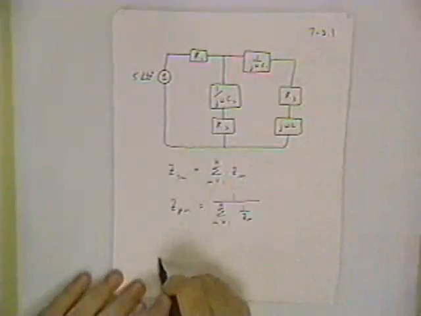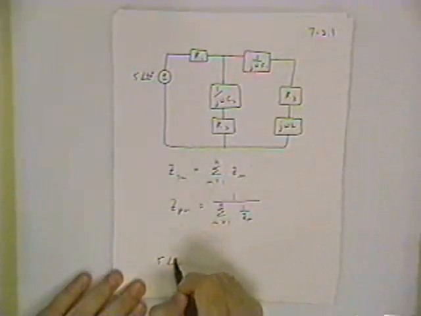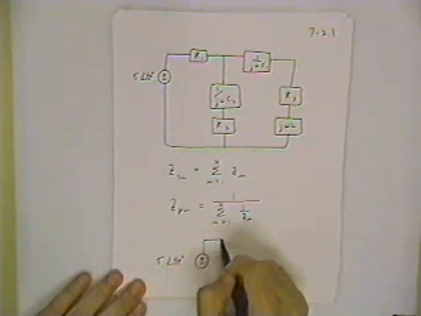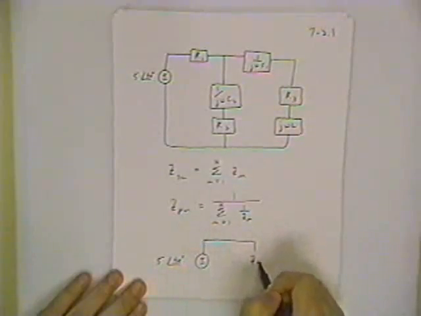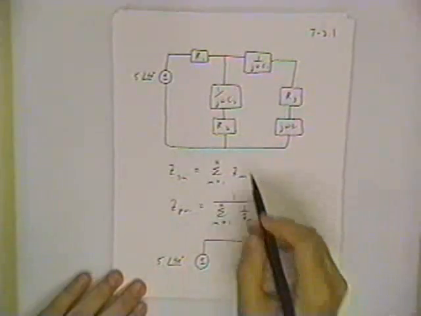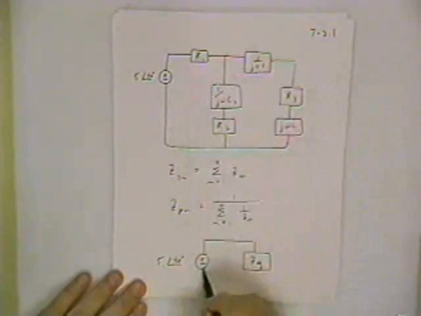Then what you would have is a straightforward exercise in Ohm's law. It says I've got a ZEQ now. That's the impedance equivalent of this entire network of resistors, capacitors, and inductors.